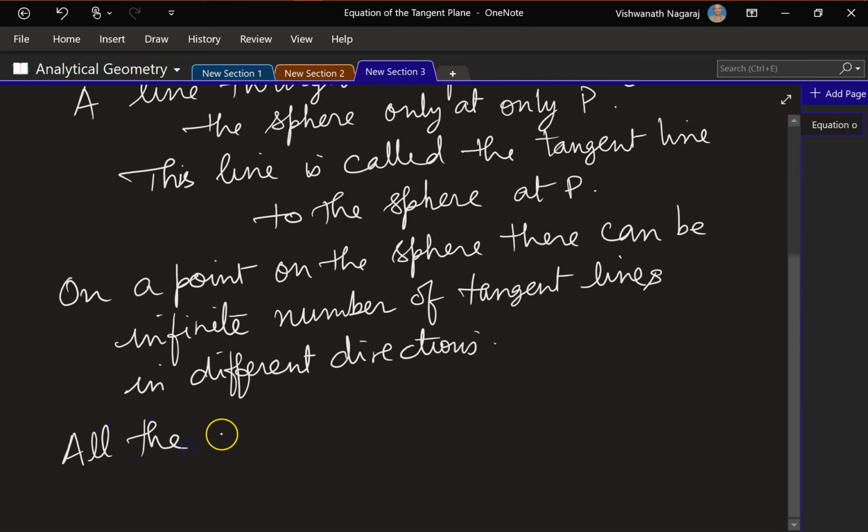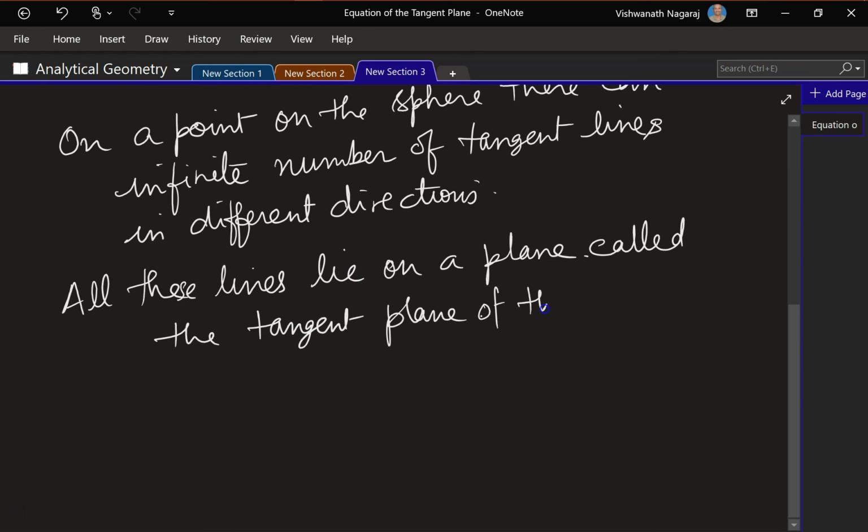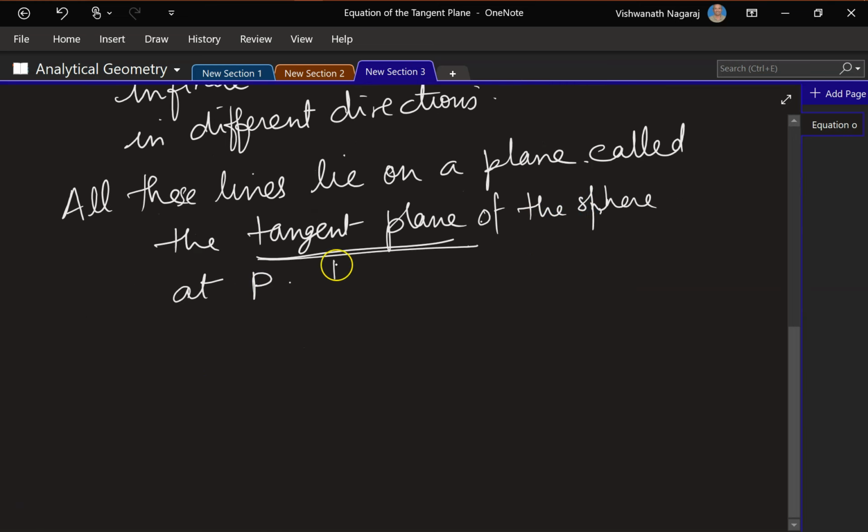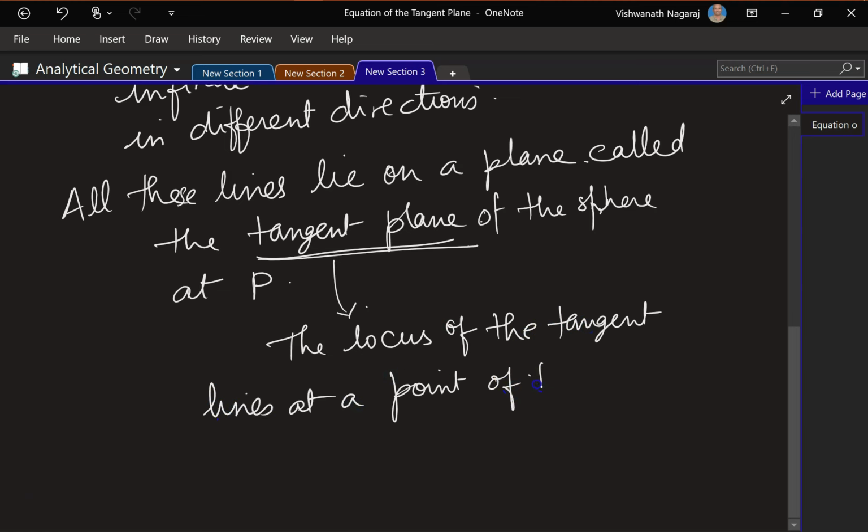All these lines lie on a plane called the tangent plane of the sphere at P. We can define this as the locus of the tangent lines at a point of the sphere.